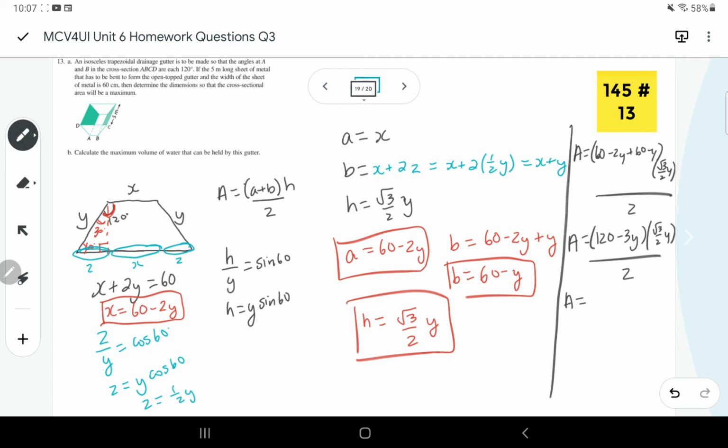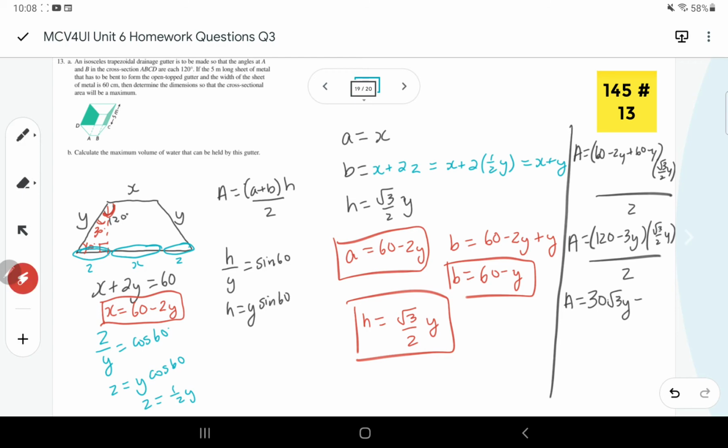But it ends up being not a bad derivative at all. It's just going to be quadratic. That root 3 is a little bit of a mess, but it's going to be totally manageable. So here I'm going to multiply this root 3 over 2 times the 120, which would be 60 root 3, but then divide by that 2 on the bottom.